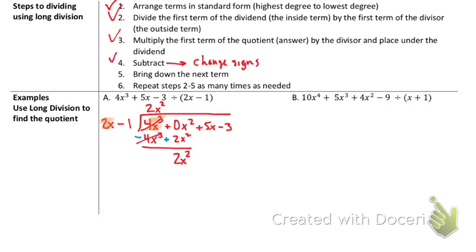Step 5 says, just like we did in the previous elementary school example, we are going to bring down the next term. So this guy is coming down with his sign. He's positive 5x. And step 5 is done.